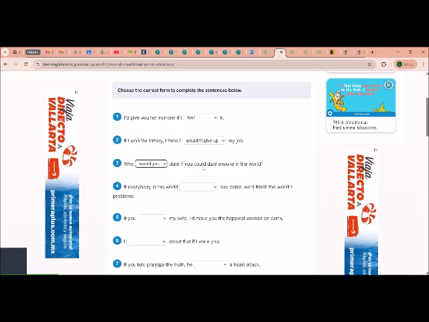Now you might say, teacher, but you said no modals with if. Yes, but in this case, you're using the past of can. So this is the past simple plus would plus your verb. Who would you date if you could date anyone? I'd still date the person I'm with.